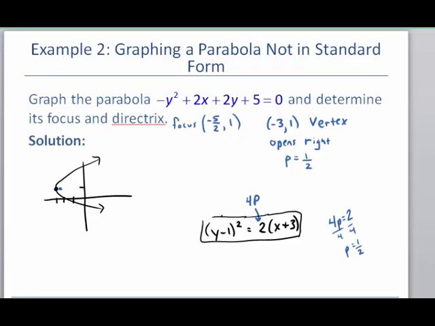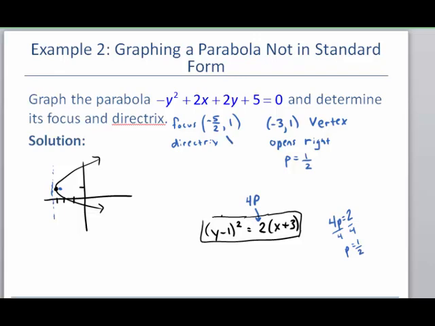Okay, now what about our directrix? Our directrix, we also use the p to determine. And so the directrix comes in 1/2 a unit on the back side. So very close, again, to that vertex point. And again, that is going to be a vertical line.